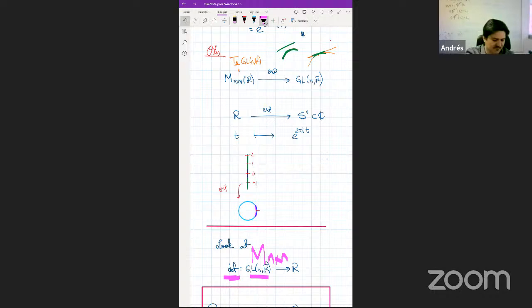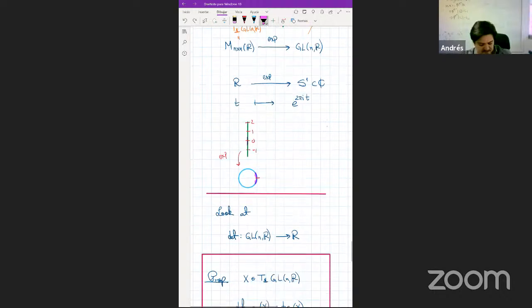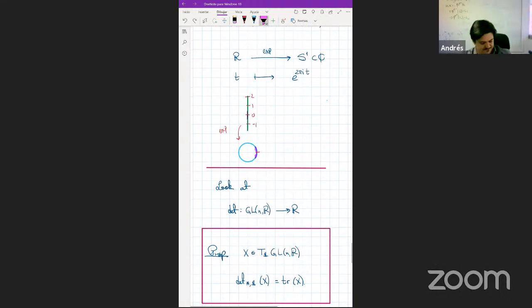So this is something that we have seen before, but now we are going to focus only on GL, not on the whole space. And I would like to compute the differential of this. And the differential of this is the trace. Okay?